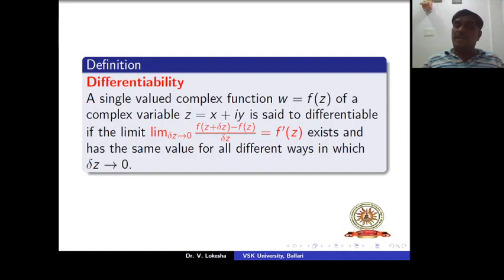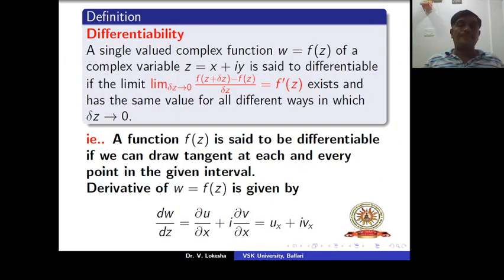And also we know that if a function is differentiable, then definitely it is continuous. A function f of z is said to be differentiable if we can draw a tangent at each and every point in the given interval.